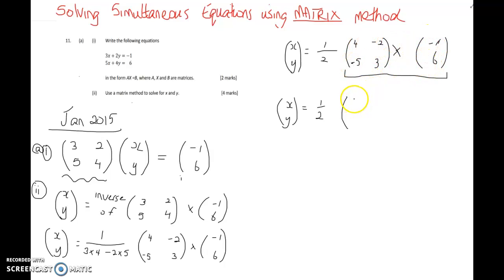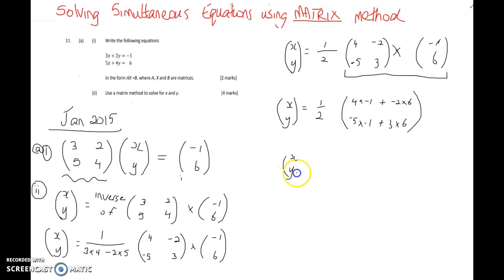So it's going to be 4 by negative 1, so 4 by the first number, plus negative 2 by 6. Then we're going to do the same thing for the second row: negative 5 by negative 1, sorry, plus 3 by 6.